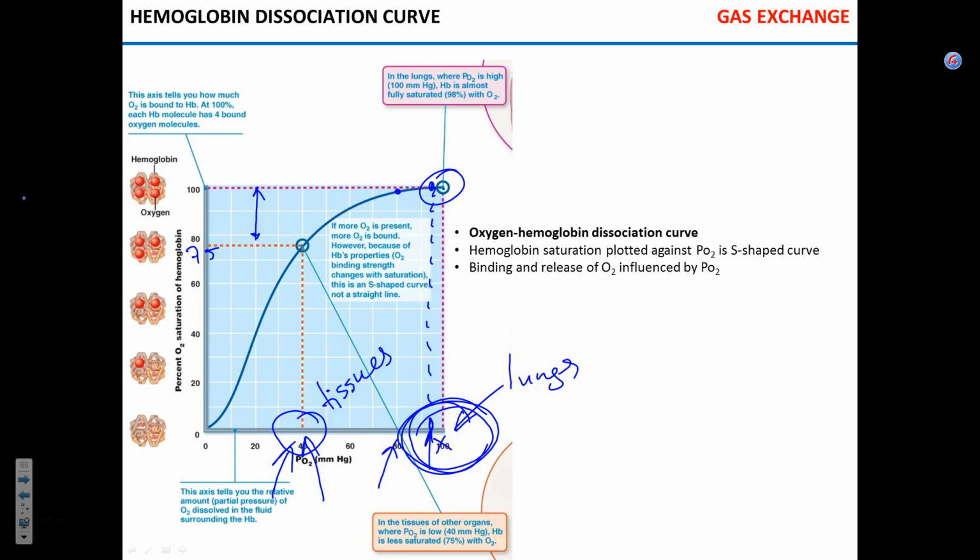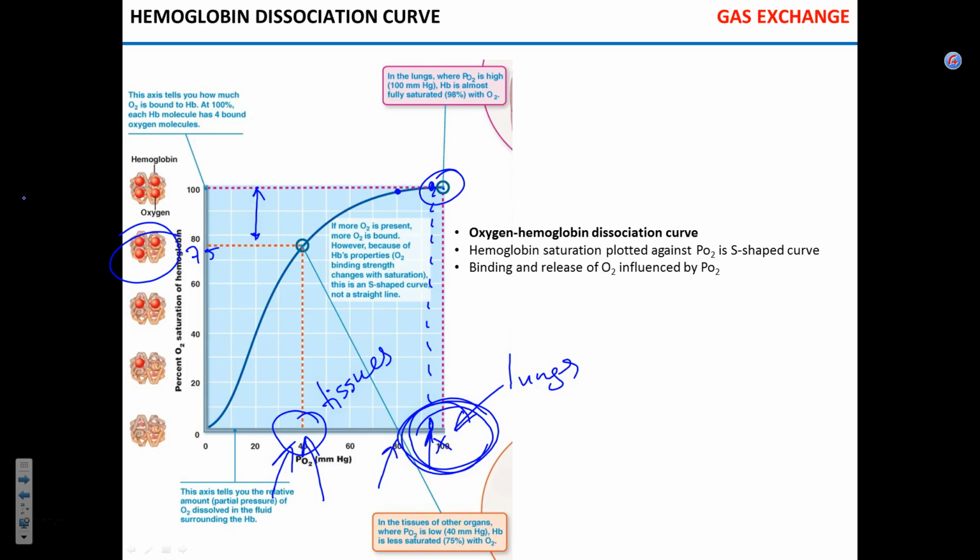Okay? That molecule of hemoglobin that is shown on the left, after the tissues, where does it go? Simple questions. Back to the lungs. Carrying 3 molecules of oxygen? Yeah.